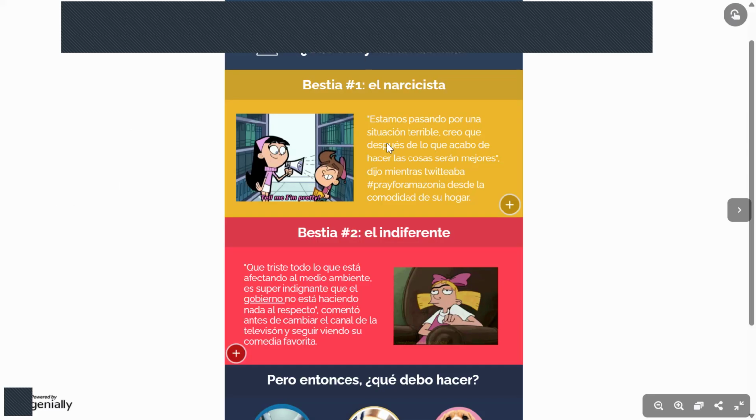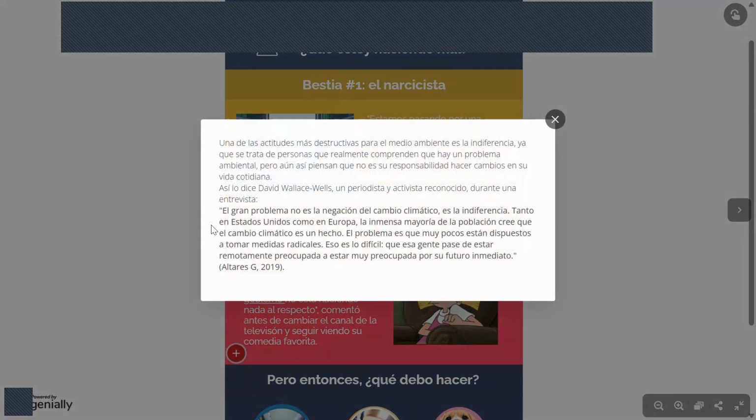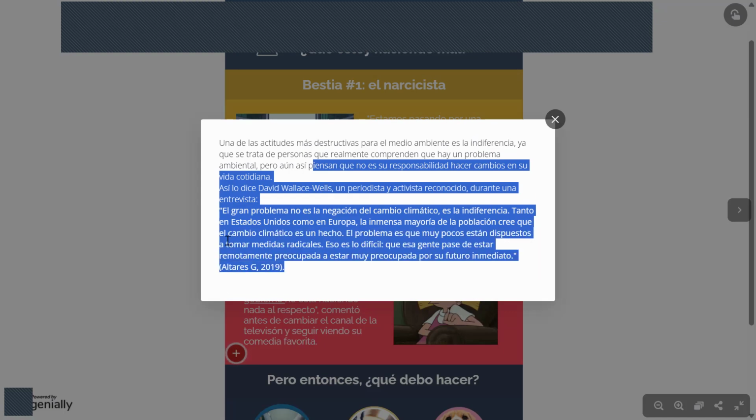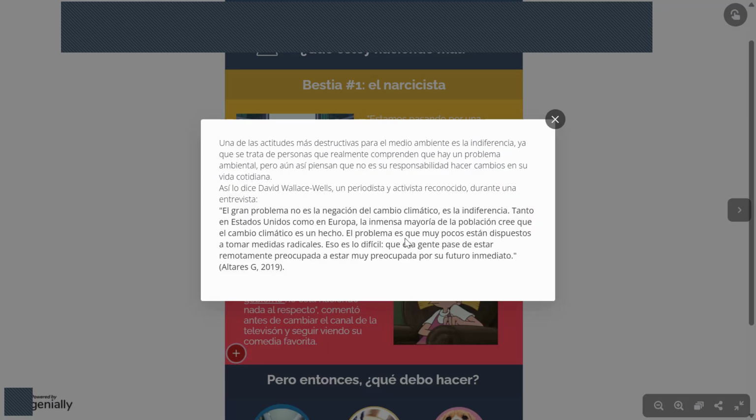She gave us the context, same one over here, and then when you click on the plus button, you get the identification of the mechanism happening, which in this case is just indifference. And then she talks about, with this quote, why is indifference really important? And in this same quote, she's showing how being indifferent towards the problem actually is deceitful, right?